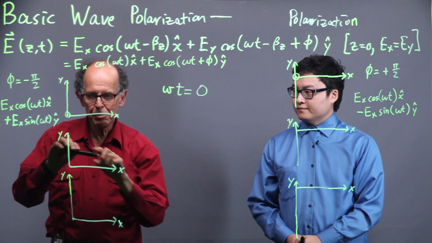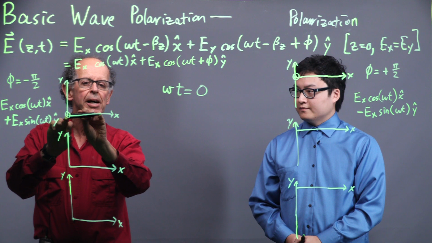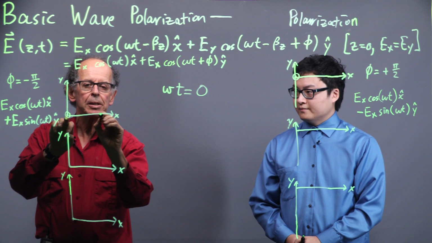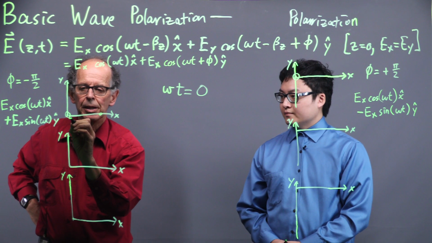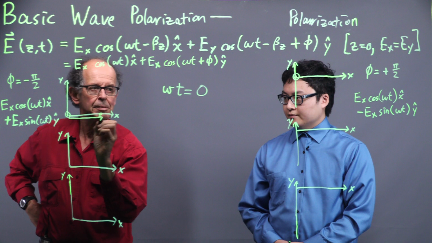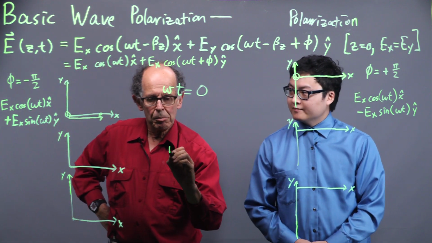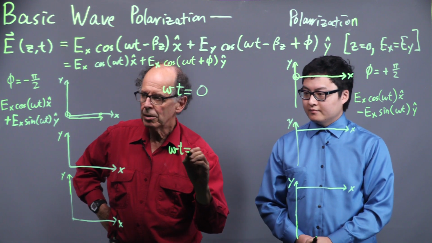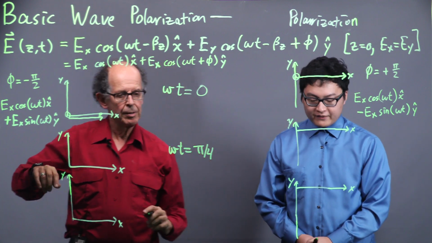So I want to be a little particular here, so I'm going to make sure I get the same value. That's about right there. So my Ex, my electric field value, I'm not going to annotate it, is sitting right there. Now, let's take omega t equals pi over 4. So 45 degrees.